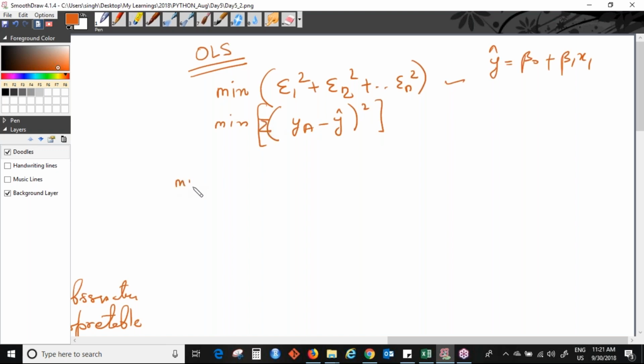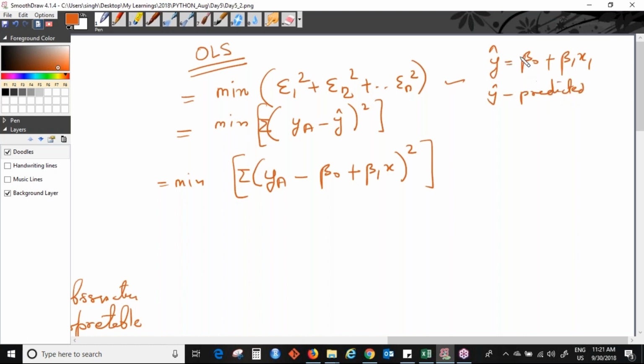Okay, so I will try to write this like this. So my actual value is y, and my predicted value is beta naught plus beta 1 x. Okay, this is my predicted value, right guys? Do you follow all this? Do you follow this till now? Okay, this is my predicted value. Y hat is my predicted.